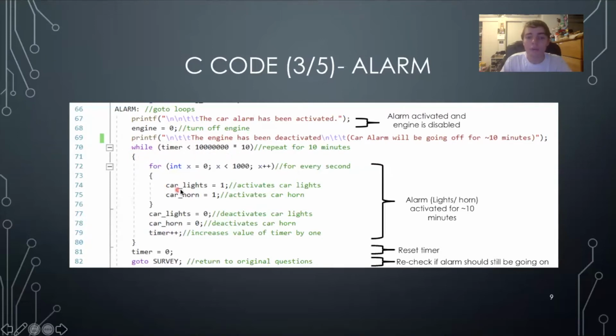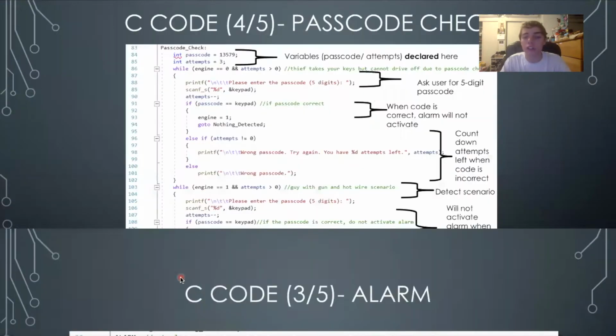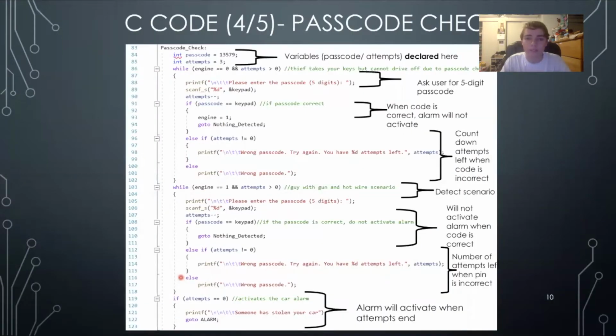During those 10 minutes, the lights are going to go on and off and the horn's going to go on and off. As you can see, it equals 1 and then it will turn back to 0, 1, 0, 1, 0. Then we'll increase our timer and once 10 minutes have passed, we'll go back to the survey for the car alarm to check if those scenarios are still happening.